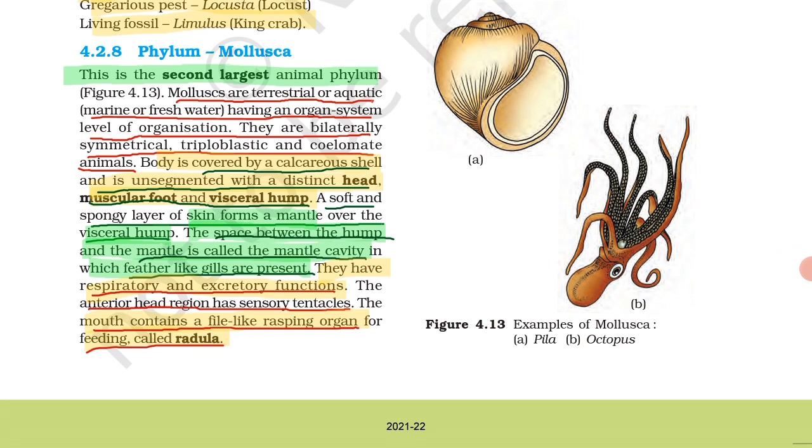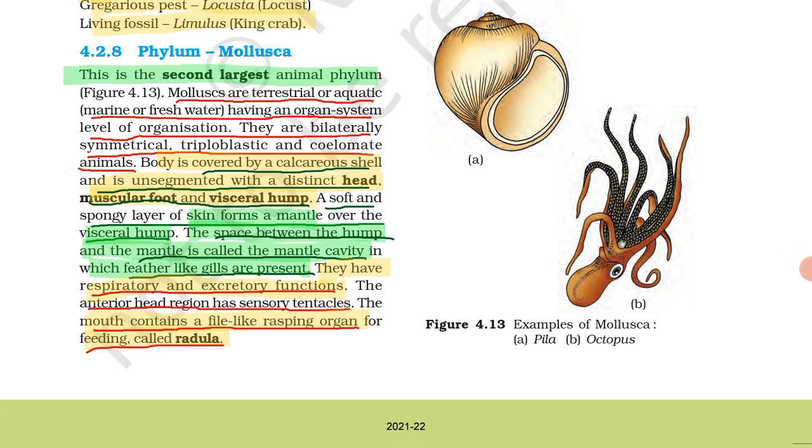And coelomate animals: they possess a true coelom, meaning they have a middle layer made up of mesoderm and are mesodermally derived animals, so they are coelomates. Then the body is covered by a calcareous shell and is unsegmented with distinct head, muscular foot and visceral hump. The most important point from phylum Mollusca is that their body is covered by a calcareous shell.